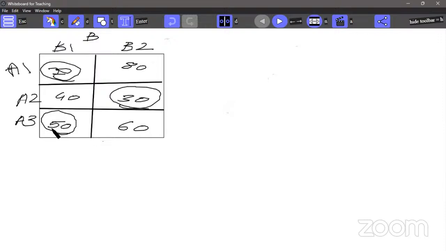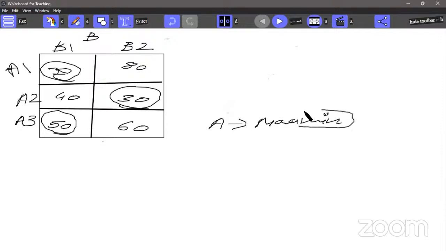Now think from A's point of view, which strategy will he use? A1, A2 or A3? A3, very good, because the least profit he'll get is 50. So A will be following the maximin strategy.